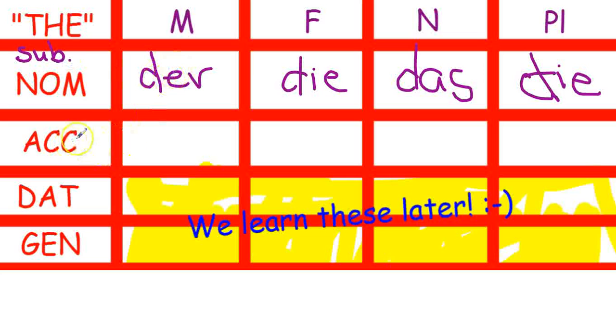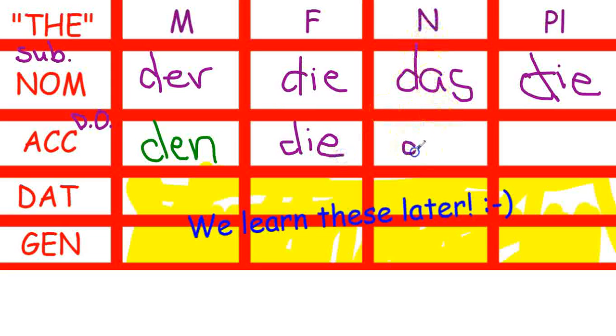As I previously stated, the accusative case, for now, is when it's the direct object. Watch what happens in the accusative case. Der changes to den. Die doesn't change, it stays the same.